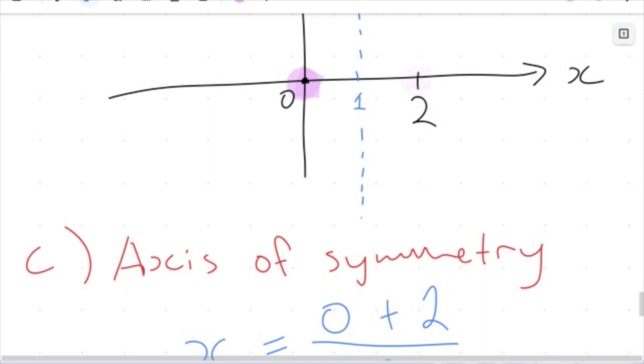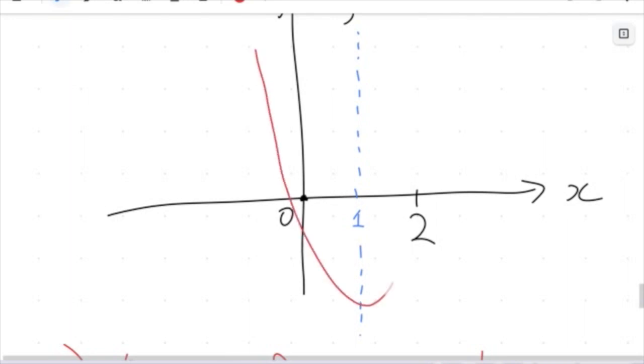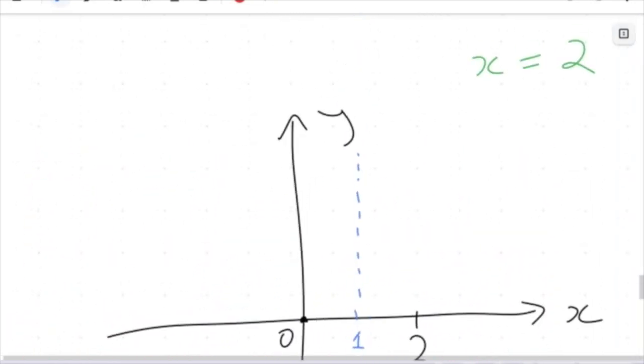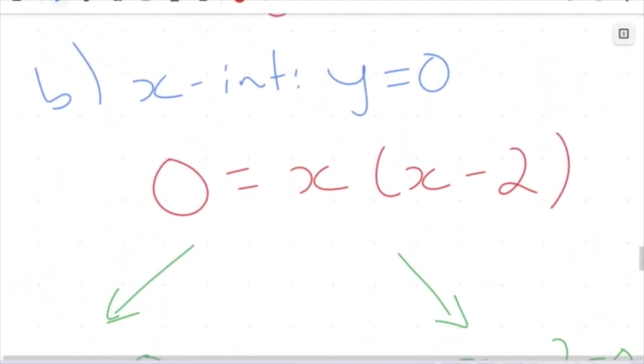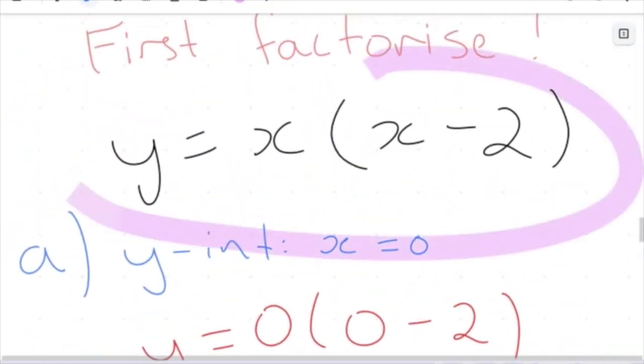Now if I have two intercepts, my graph is going to look roughly like this, where my axis of symmetry is the x coordinate of my turning point. So if I know the x coordinate, I can find the y coordinate by subbing my x coordinate into the equation of my parabola.